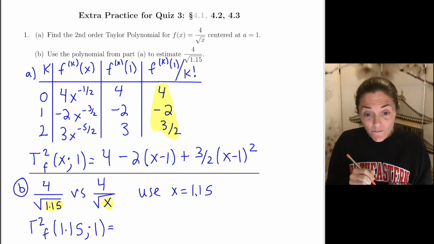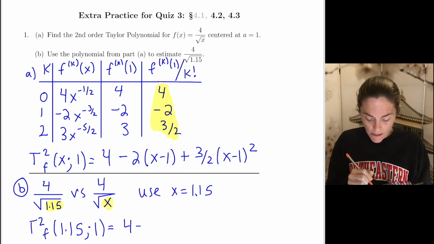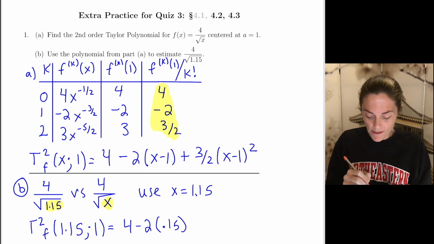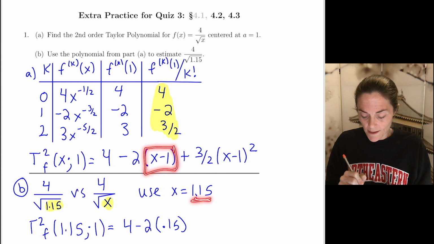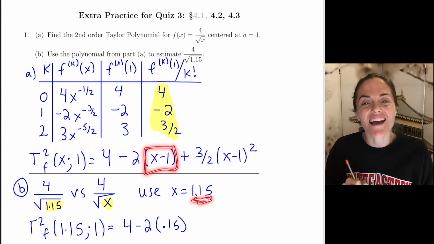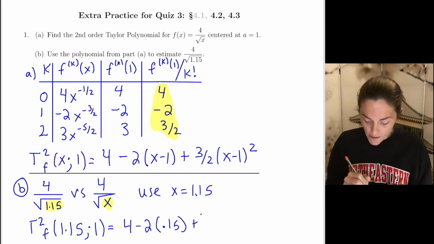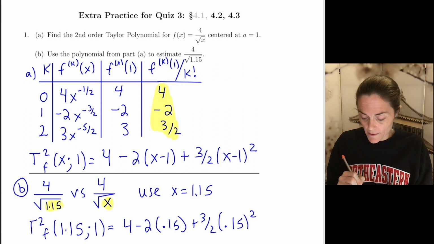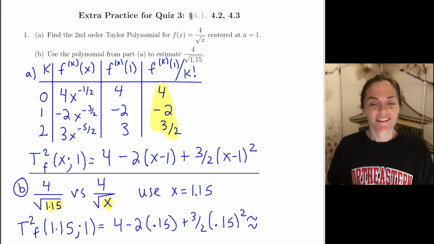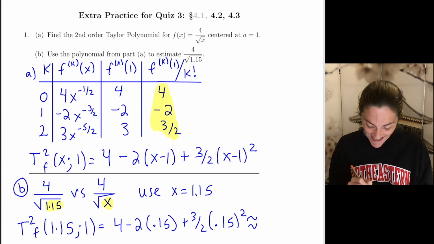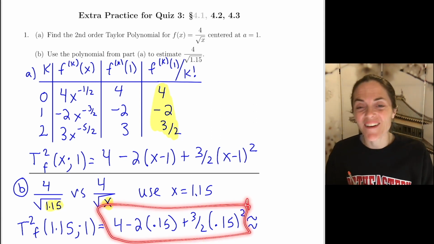When we do, we have 4 minus 2 times 0.15, because this part evaluated here is 1.15 minus 1, which is just 0.15. And then we have plus 3/2 times 0.15 squared. Well, the thing is, this is polynomial evaluation, right?